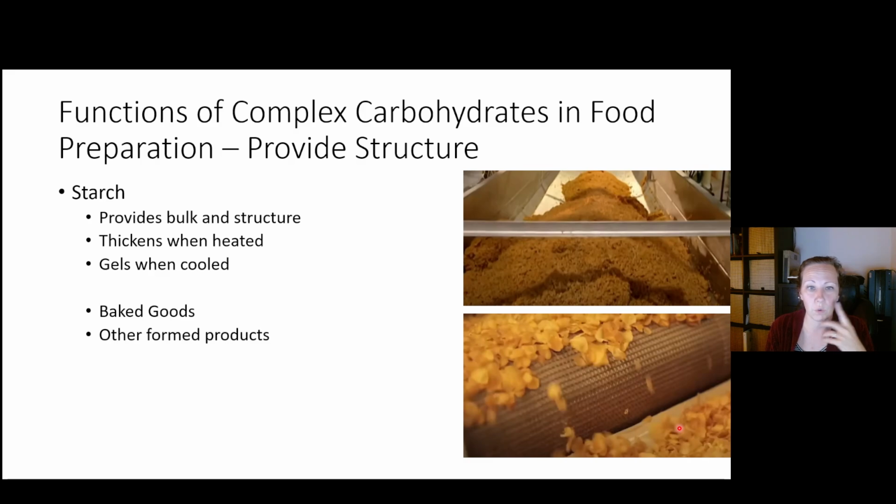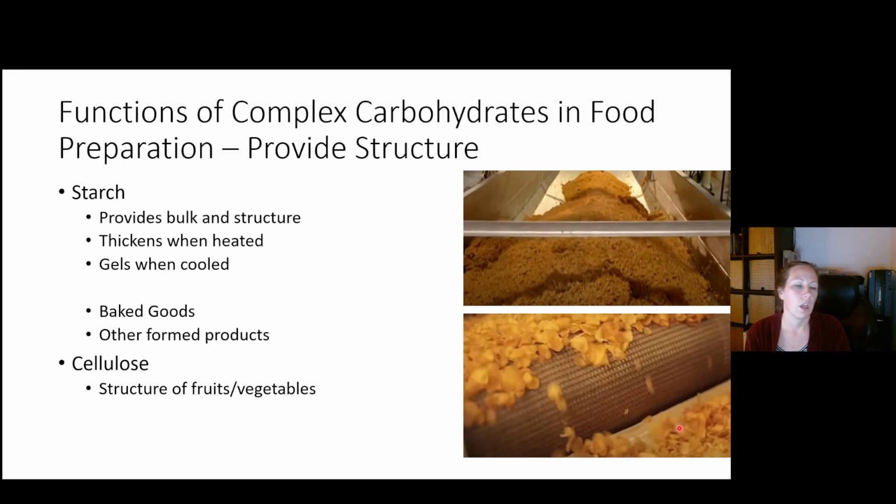It's like mush formed into flakes and then dried. Okay, as far as cellulose, the structure, it's mostly gonna be in the fruits or vegetables themselves. It provides that structure. As far as a food ingredient, it typically doesn't provide a lot of structure, and that's partly because it doesn't interact well with other foods or with other chemical compounds.